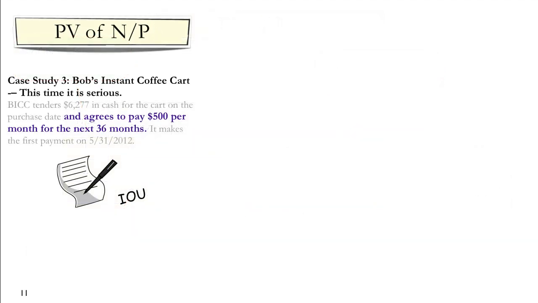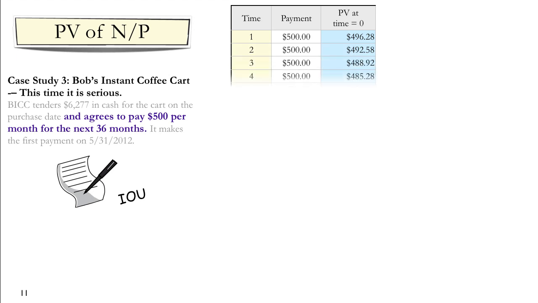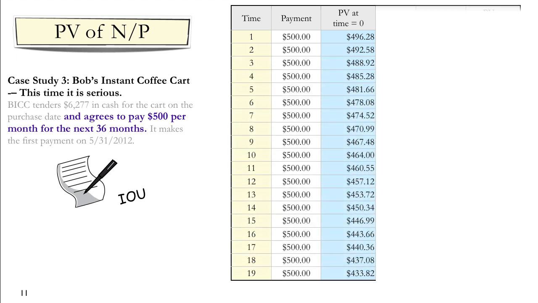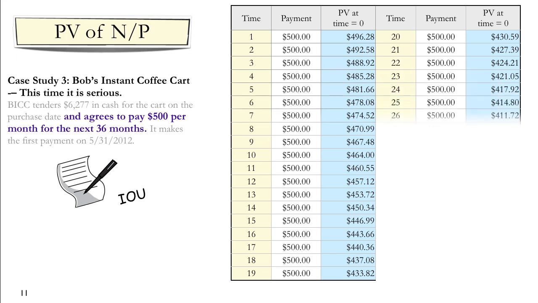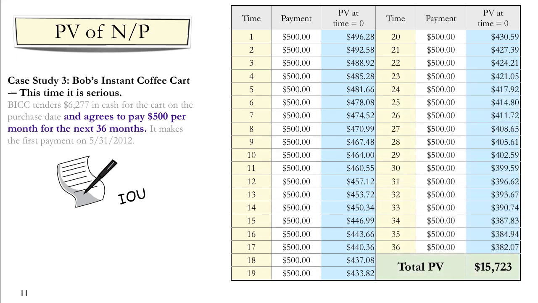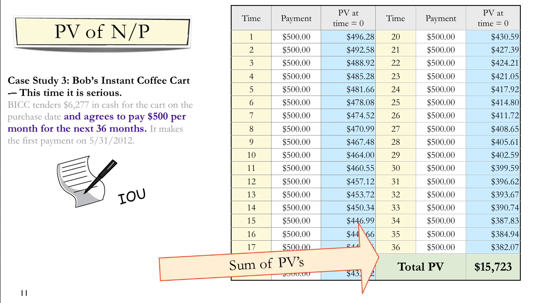Now the note consists of 36 such payments, and if we were to create a table with all of the payments for the entire 36-month period, and then if we were to sum the present value of each of those payments, we get to $15,723, the amount that we actually need.